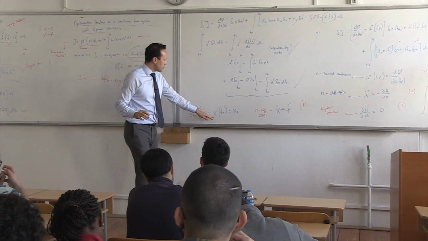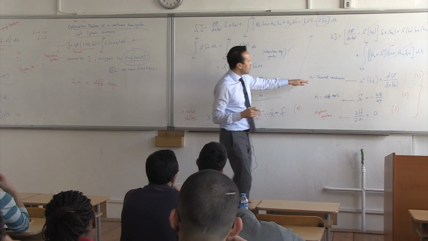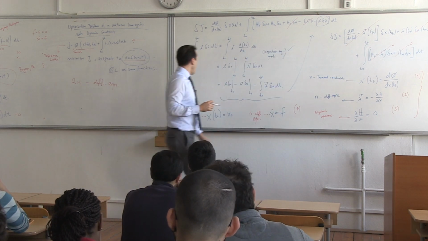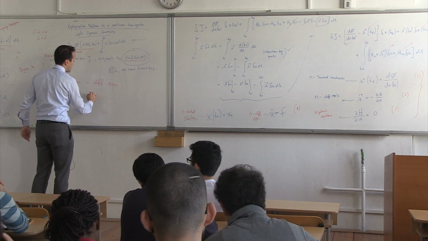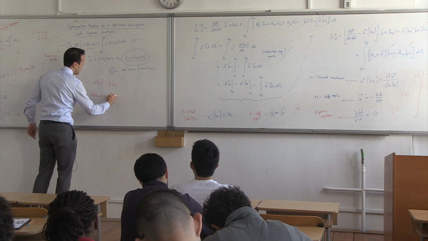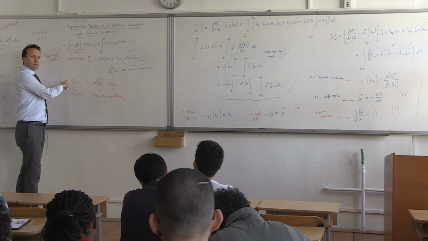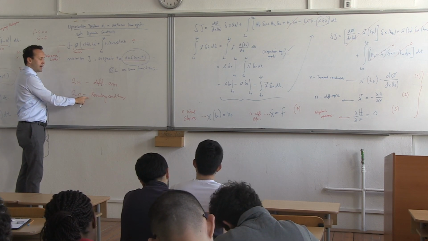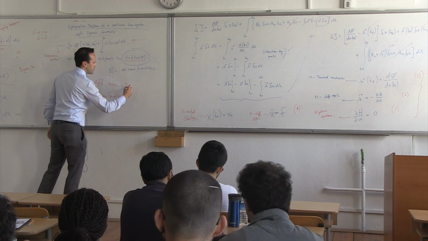I have n boundary conditions for the beginning, for the initial condition, but I also have n boundary conditions at the end. So I have 2n boundary conditions. Can I solve this now? 2n differential equations, 2n boundary conditions. So this I can solve.